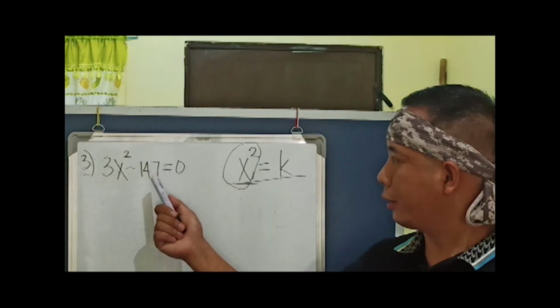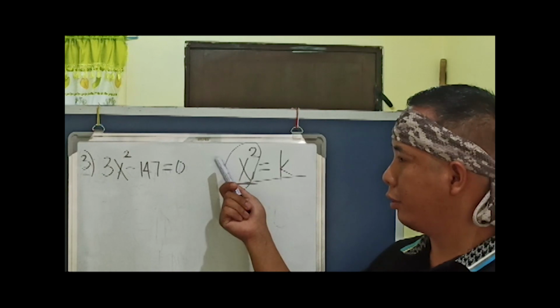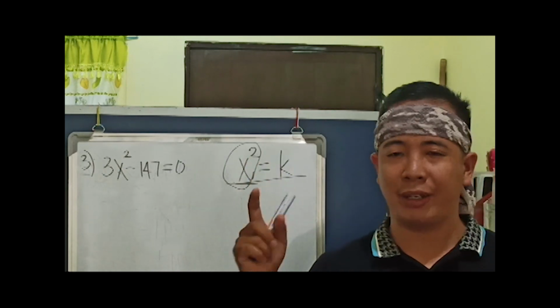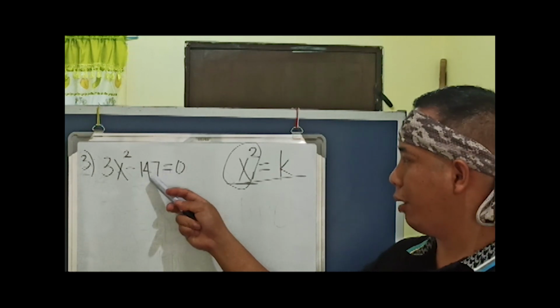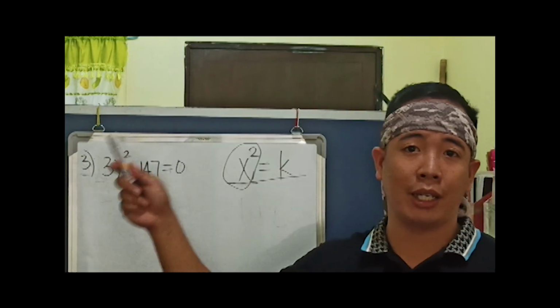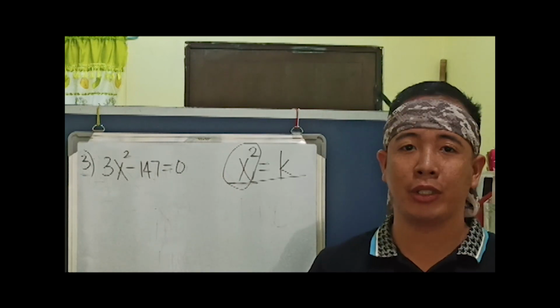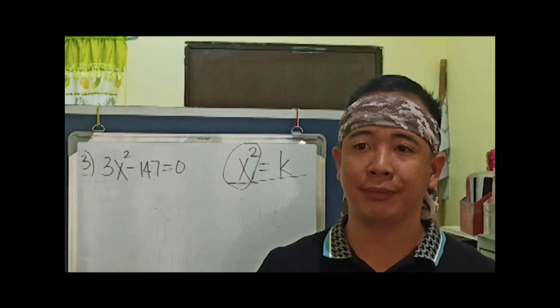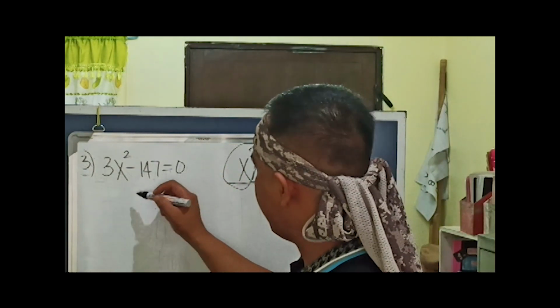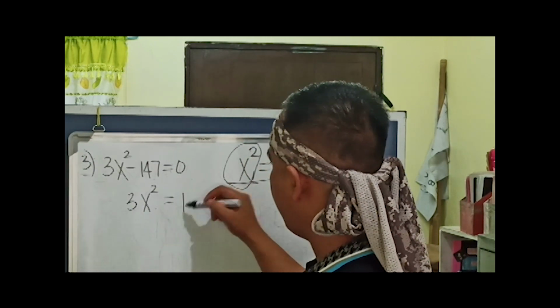Going back to the equation, 3x squared minus 147 equals 0, you will have a quick reaction that this minus 147 should not be on this side. So, applying the transposition which you learned during your grade 7 again, we can have this one. 3x squared is equal to 147.